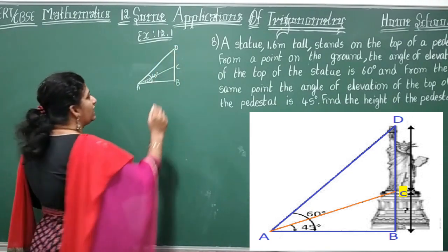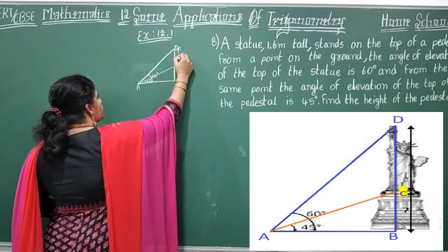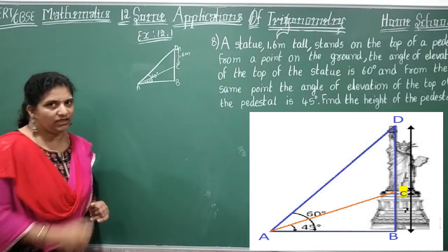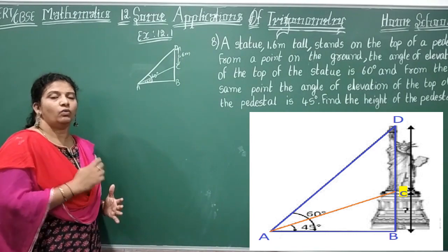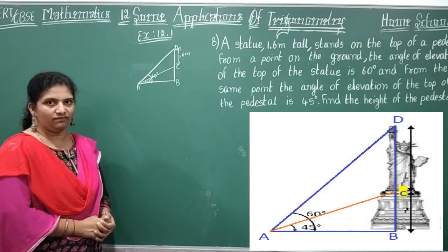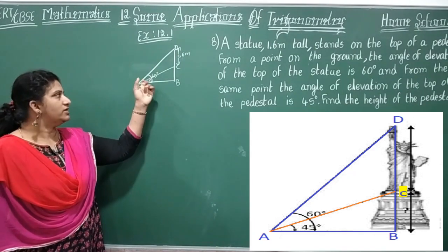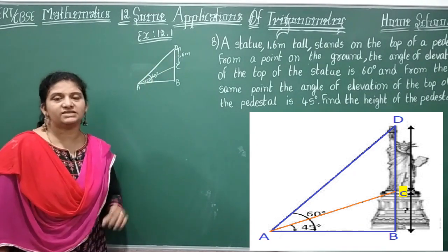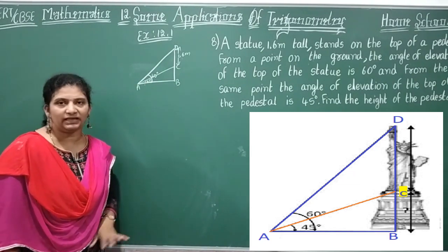Look here carefully, children. So what did they give here? Only the statue height they have given, that is 1.6 meter. So one thing you need to observe is what they are asking and what they have given here. So look here, this is your angle theta. So that is opposite side, they did not give us completely.